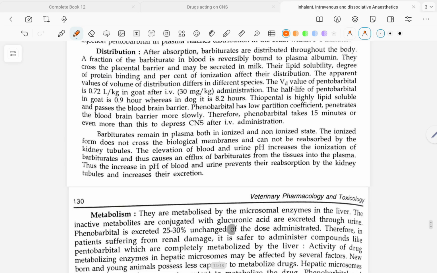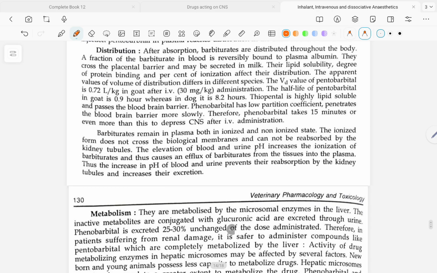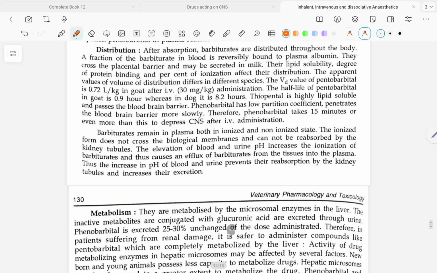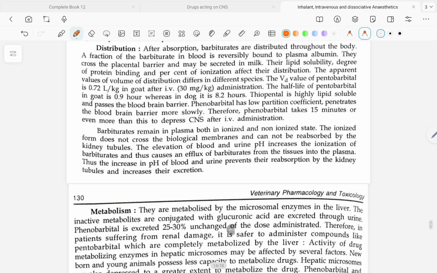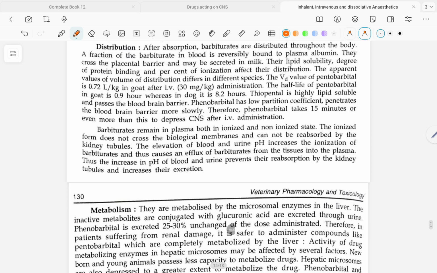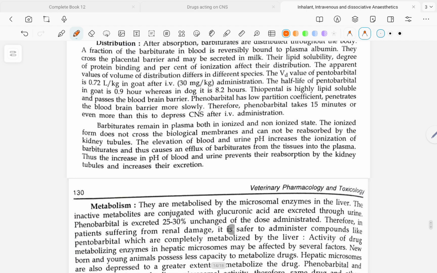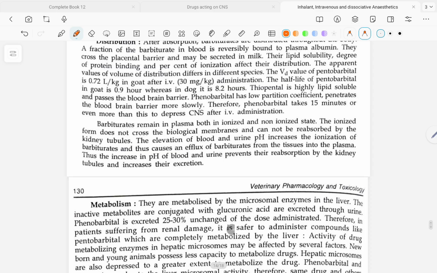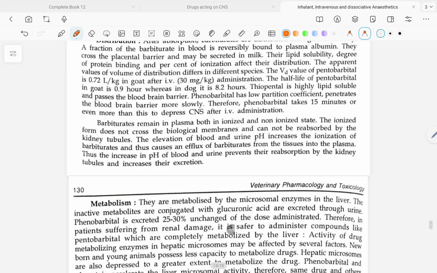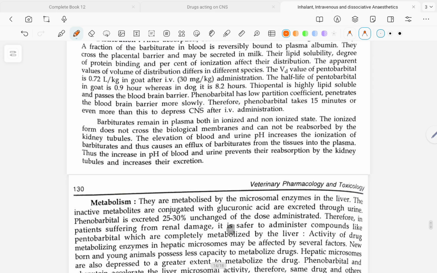The apparent volume of distribution differs in different species. The VD value of pentobarbital is 0.72 liter per kg in goat after IV 30 mg per kg administration. The half-life of pentobarbital in goat is 0.9 hour, whereas in dog it is 8.2 hours.